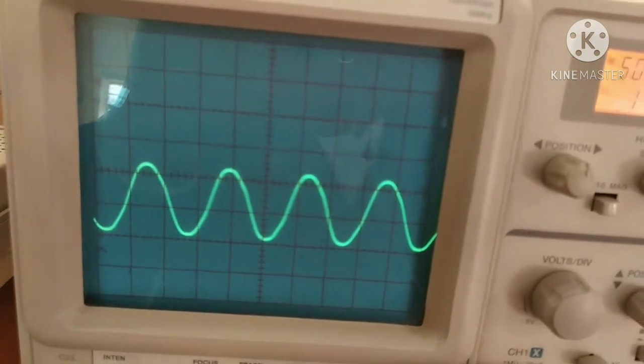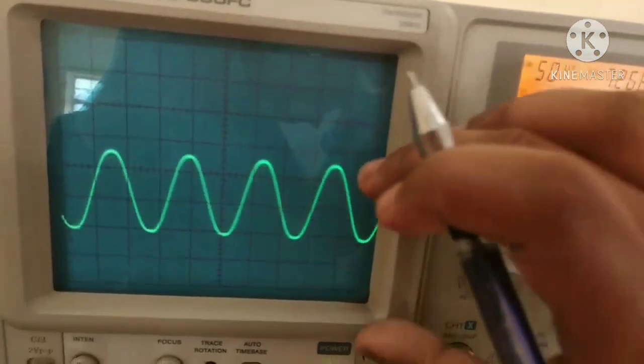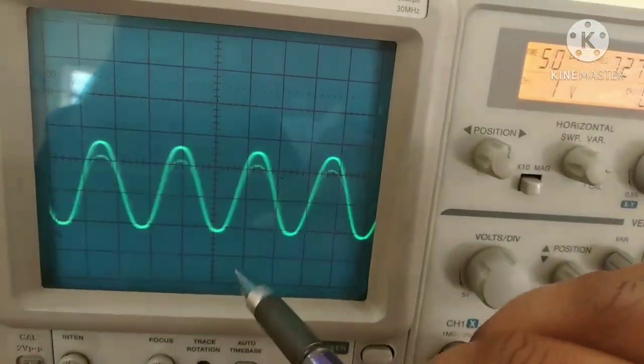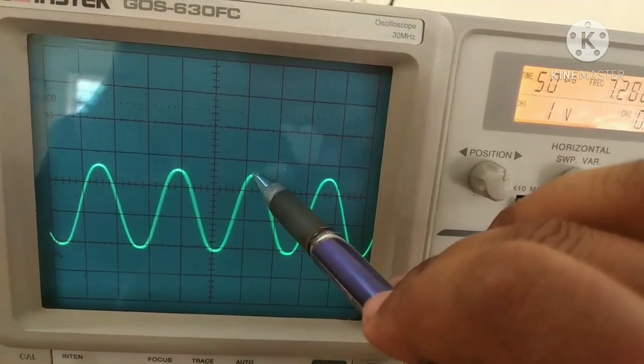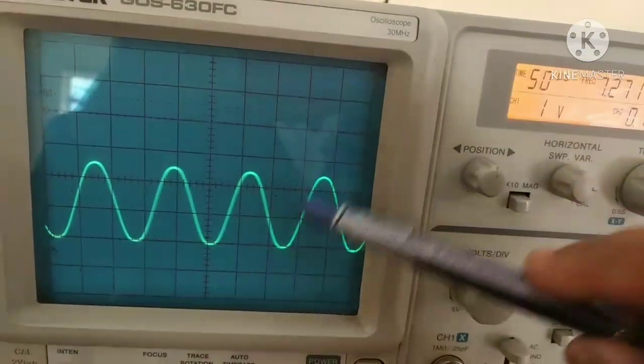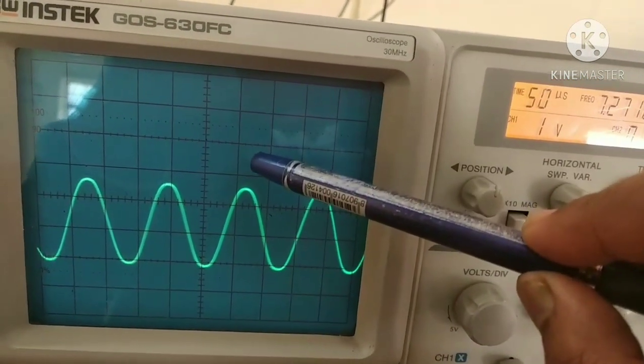You can write down one equation for measurement of voltage. From here to here is the peak to peak value, from which we can measure the voltage.